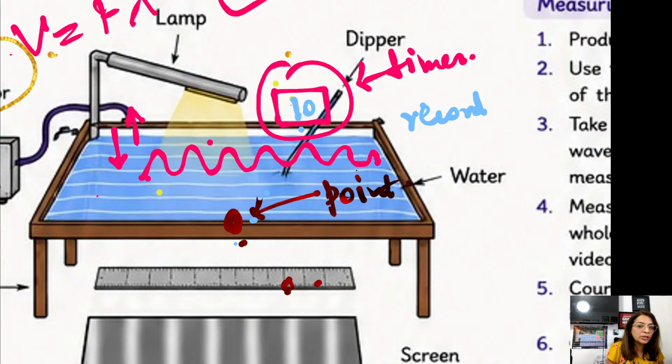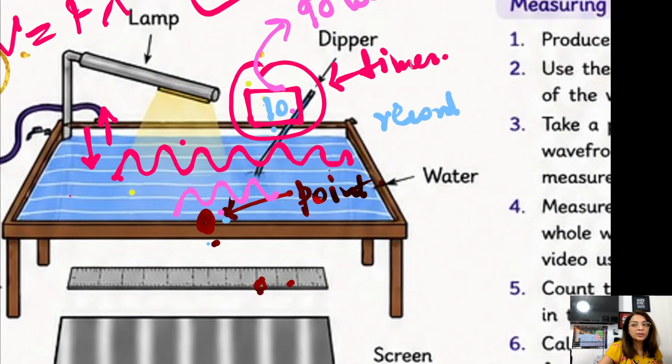So I'm going to show you here. Let's say in 10 seconds, in slow motion, you saw that there were 90 waves. How do you work out the waves in 1 second? Type in the chat again.